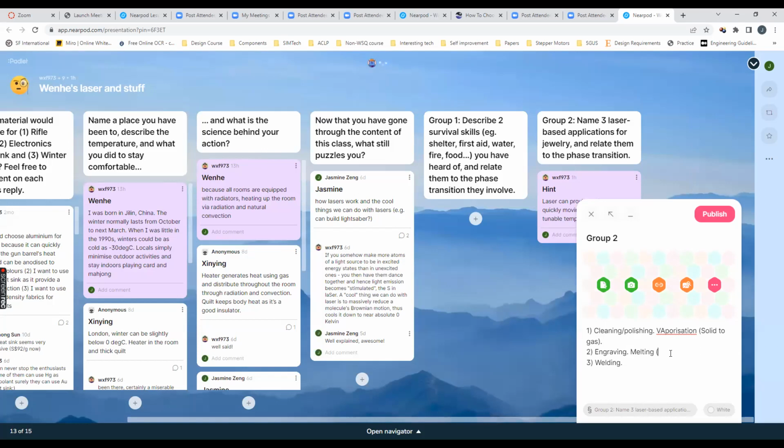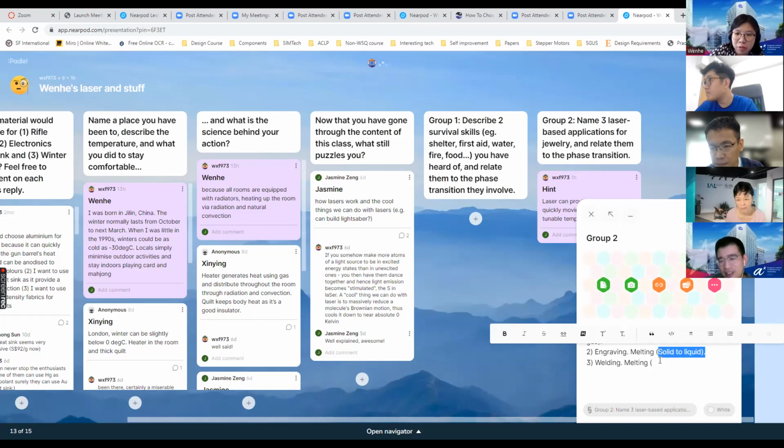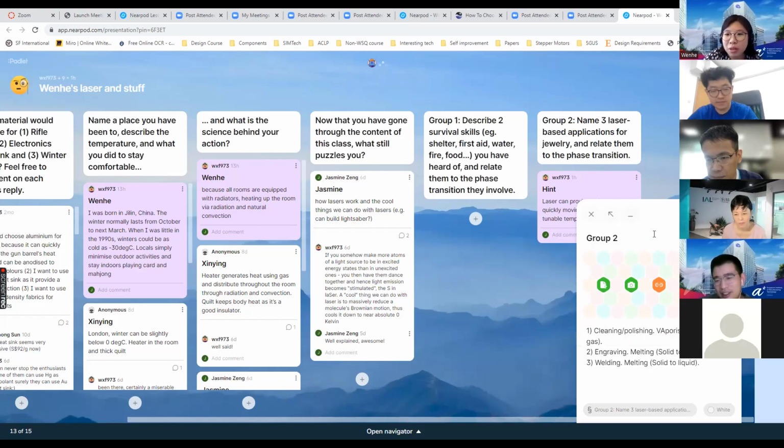Okay, maybe we put melting first. Melting or vaporization, actually, I don't know. Solid to liquid. Yes. And for welding, it's the same: melting also. Okay, that's all.